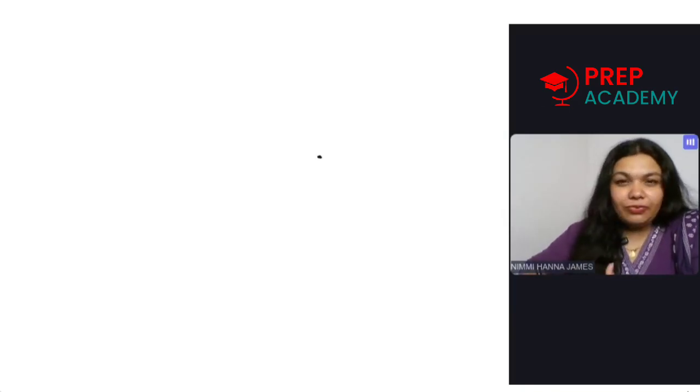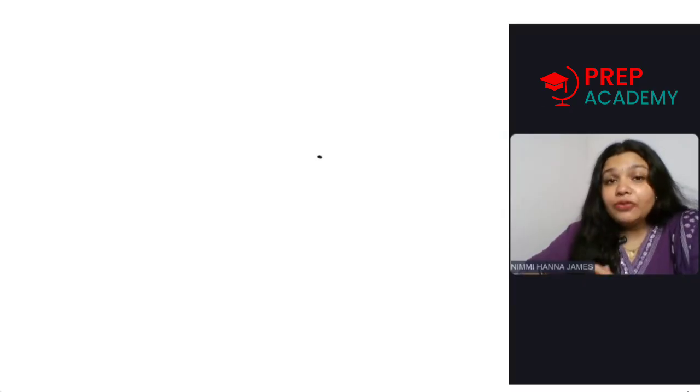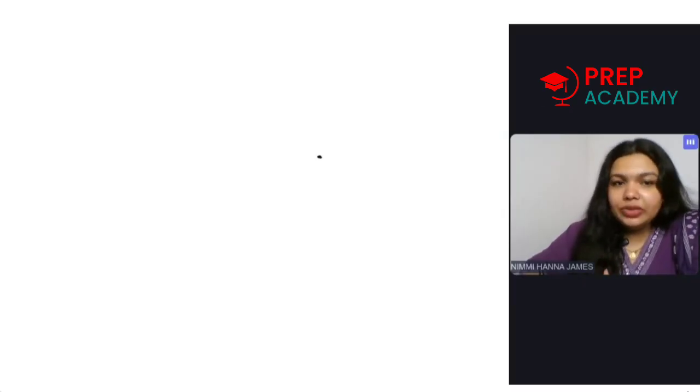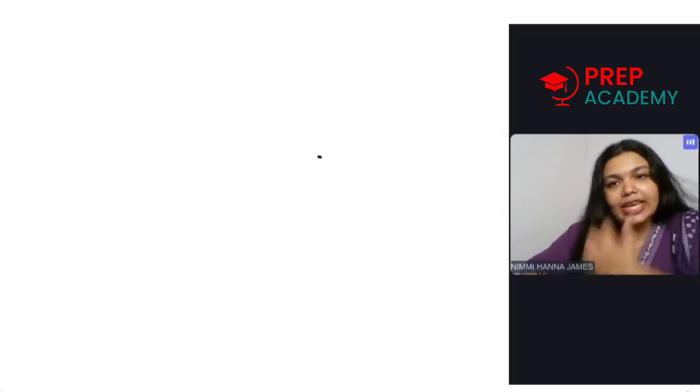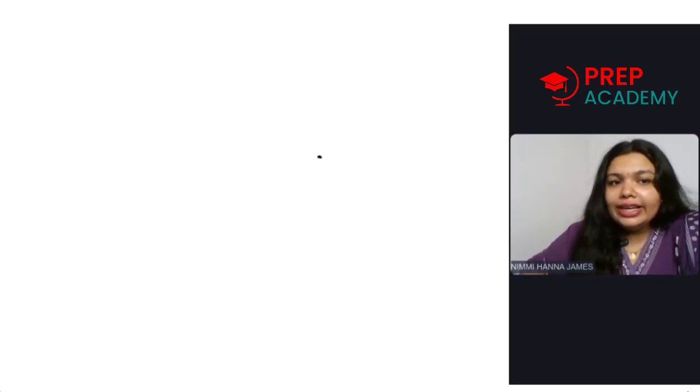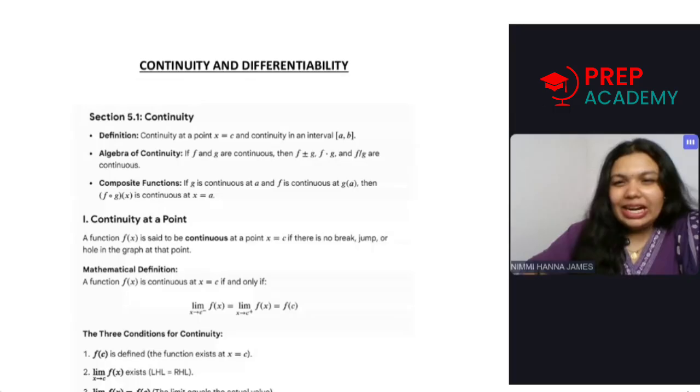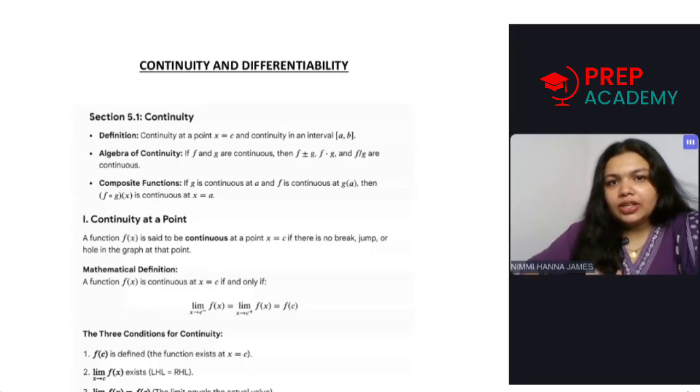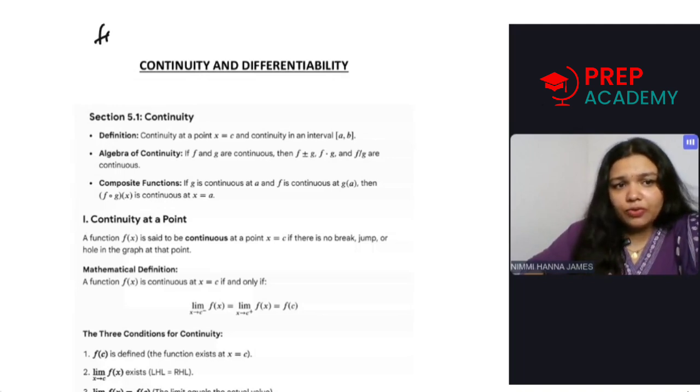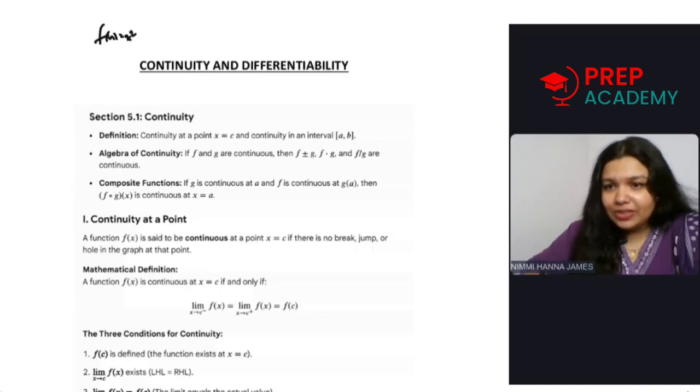So, what is differentiability? Before that, what is continuity? A function can be differentiable only if it is continuous. So, what is continuity? For any function that can be expressed graphically, suppose f of x is equal to x square is the function.